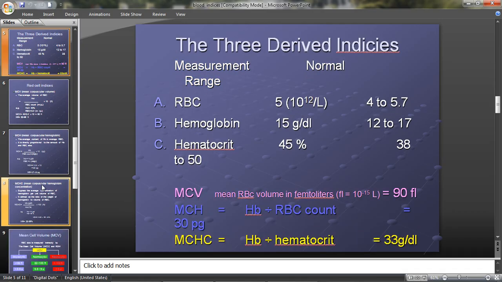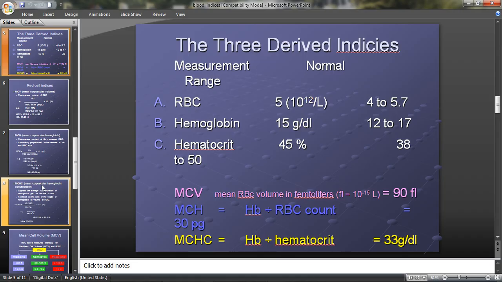Now on the basis of these three primary measures, there are three derived indices. Indices is a collection of the blood indexes. Now if you see over here at the bottom of this slide, there are three blood indices: mean corpuscular volume, mean corpuscular hemoglobin and mean corpuscular hemoglobin concentration. The normal value of mean corpuscular volume is 90 femtoliters.